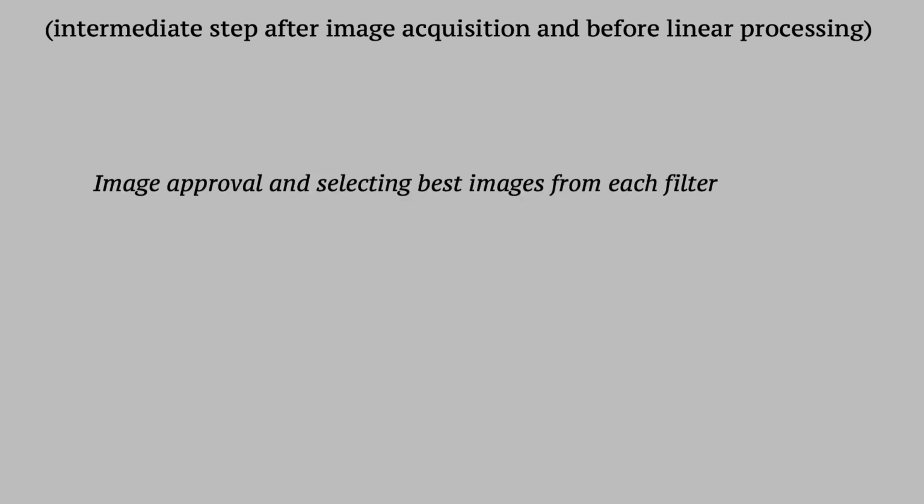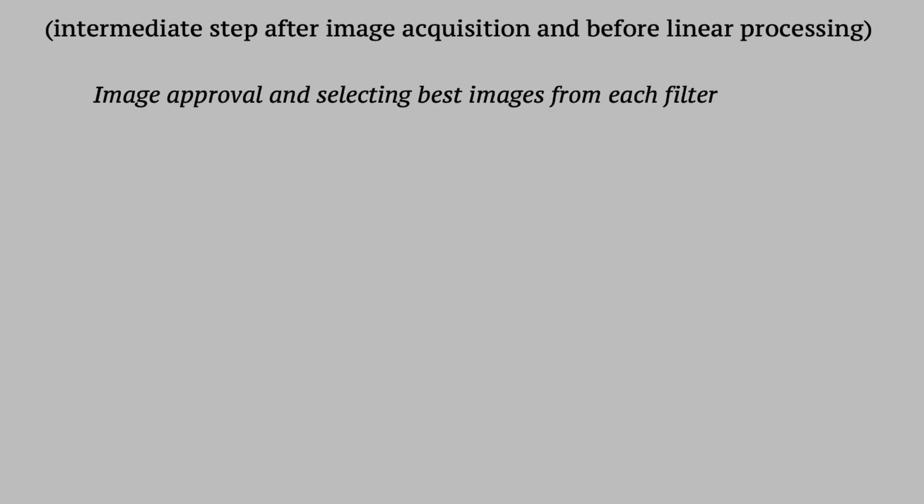All right, before we get into the actual processing, there is one intermediate step. After you've taken all your raw images, we do have to go through them. And so we have to approve images and send them on to the next step, because some images, you may have had clouds come over or a plane or a satellite right through the middle of your galaxy or whatever, and we can't use those.